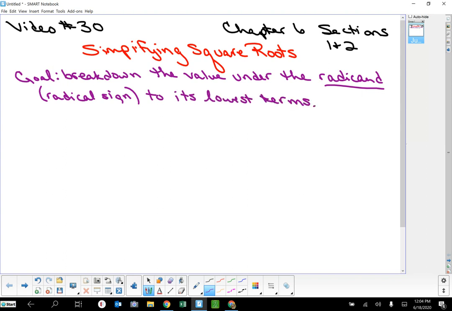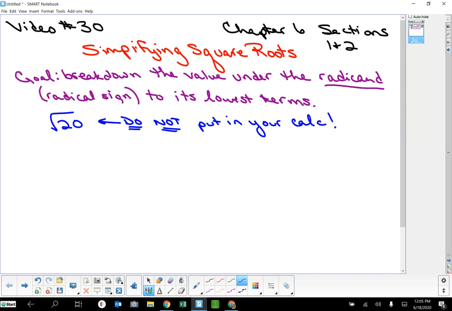And I just want to talk about the calculator a little bit. If you see something like the square root of 20, do not put this directly in a calculator. If you do, you're going to get a decimal value, and that's not what we're looking for.